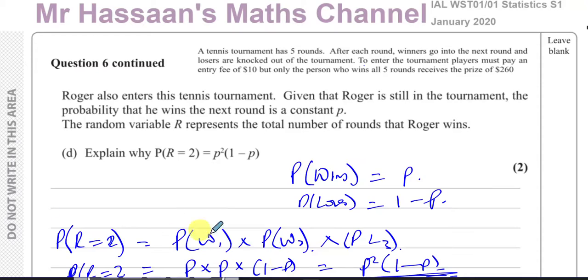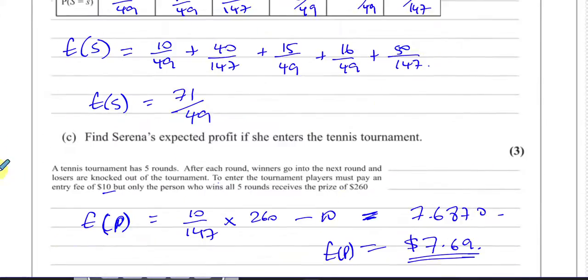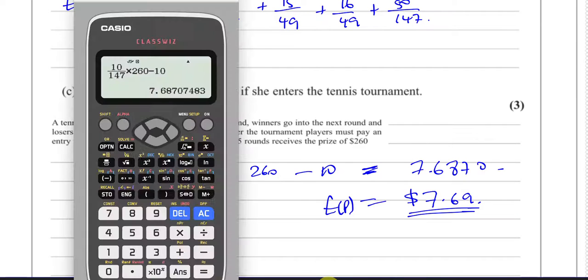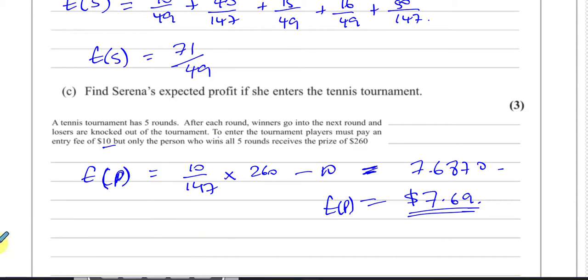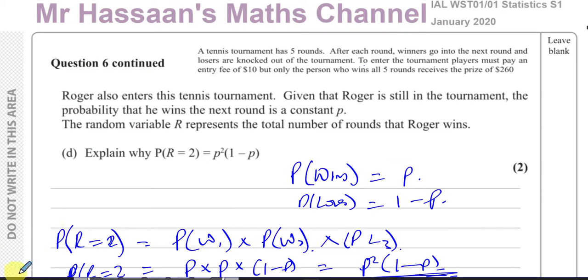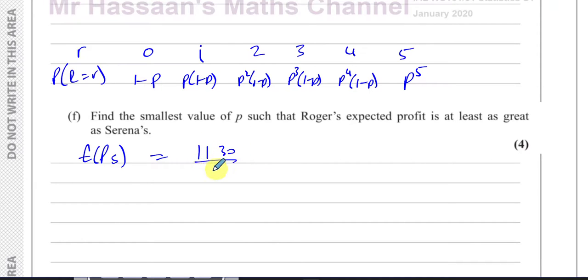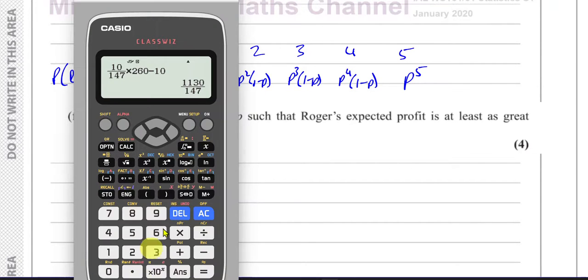Or, if we want, in its more exact form, we could say 1130 over 147.